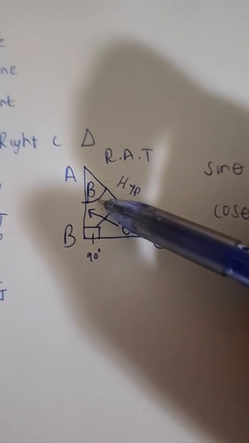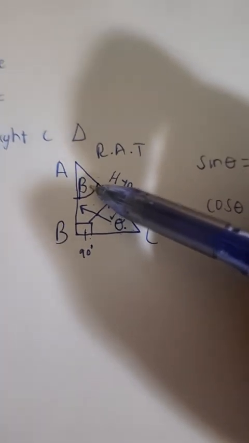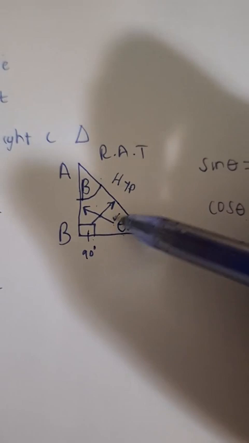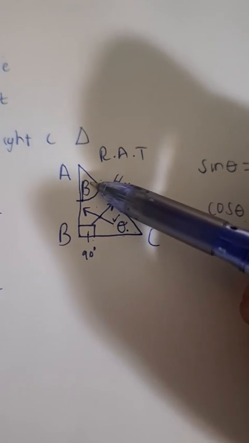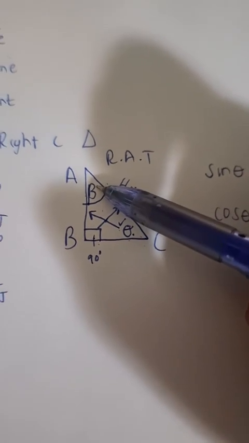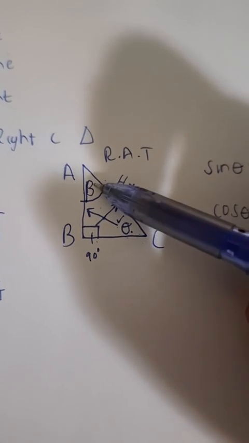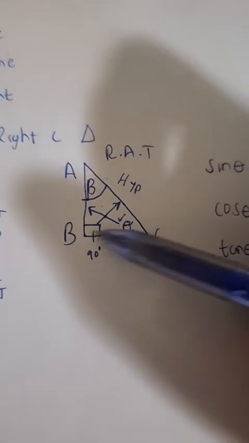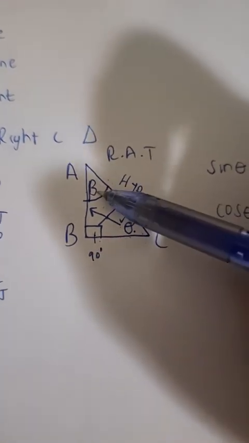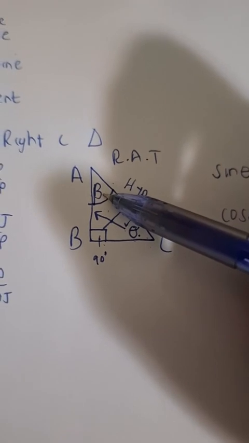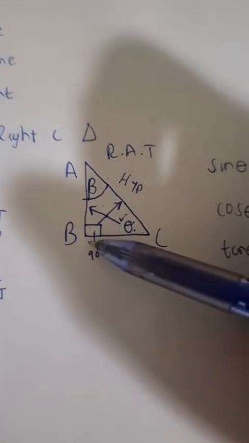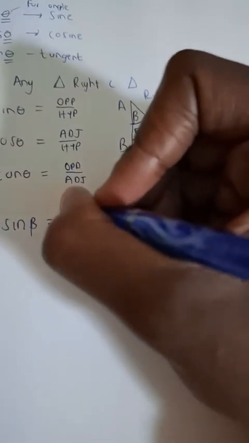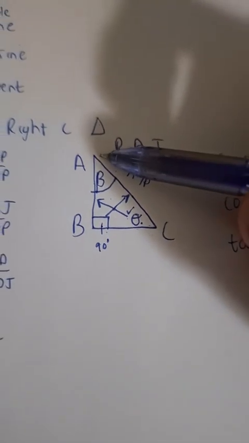But now, since the angle we are talking about is beta and it is no longer theta, what is the opposite side of beta? The side opposite beta is BC, right? Because we are referring to the angle beta, the side that is opposite beta is side BC. So we'd say sine beta is equal to BC, right? And then what is the hypotenuse side?